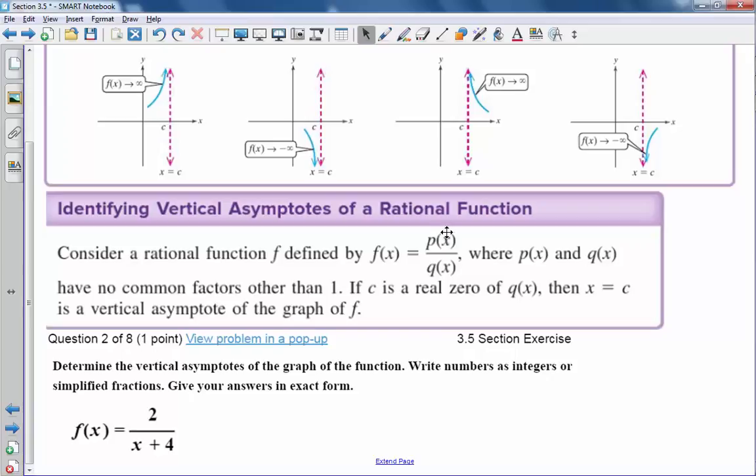You need to first make sure that all the cancellations and reductions have been done between numerator and denominator. So you need to first prep your question for the final moment of determination of vertical asymptote. That prep step is you need to factor top and bottom, cancel all matching terms, then whatever is left, you check what makes it 0 in the denominator, and that number is the vertical asymptote.